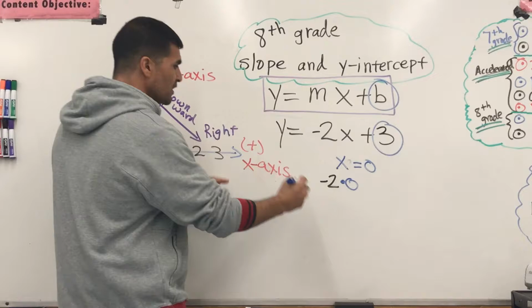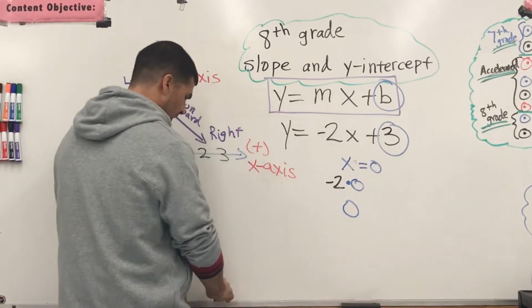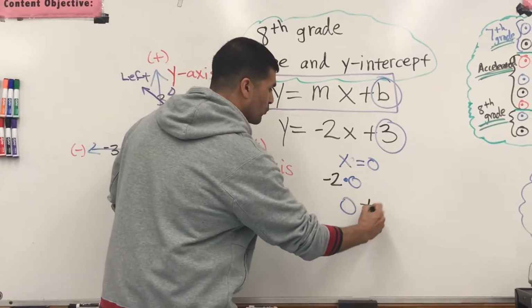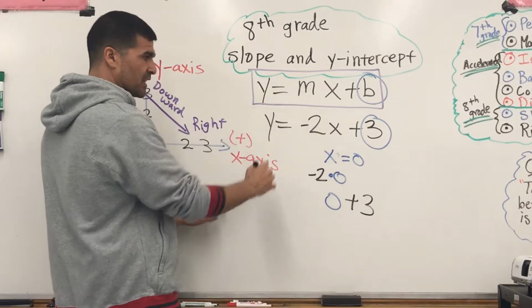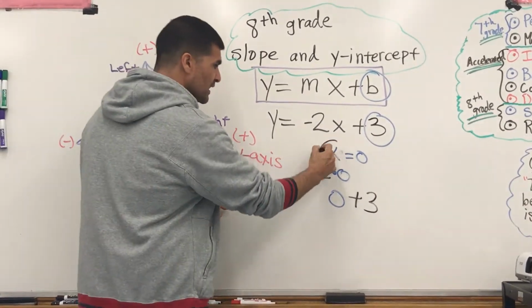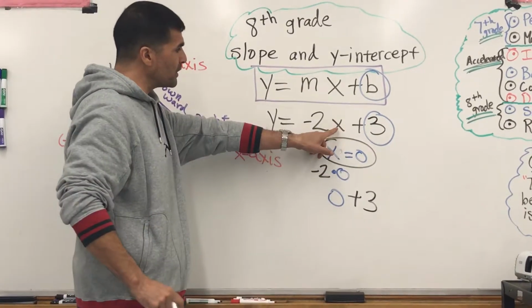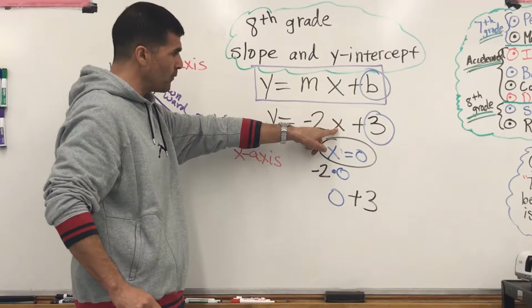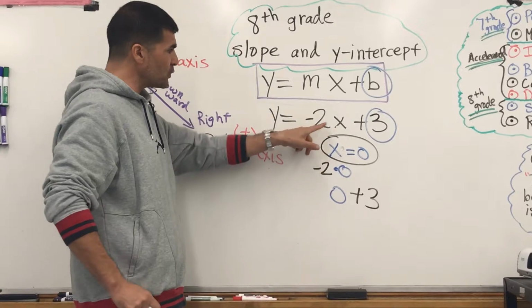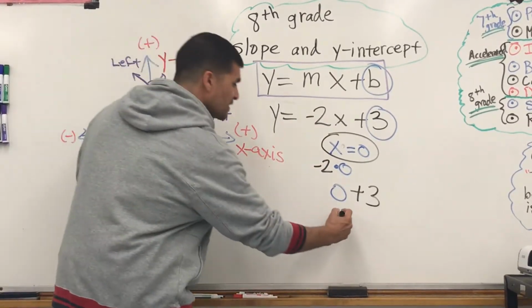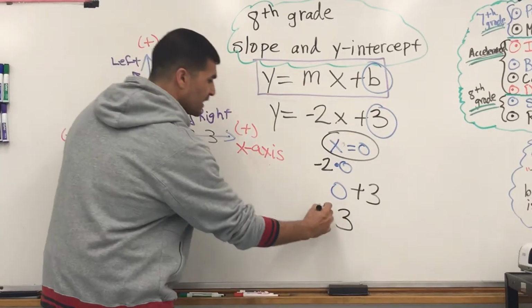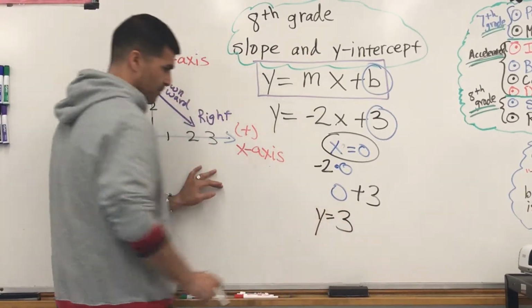Then this is going to turn into 0, and now I'm going to add 3. It's important that it says y is equal to this. If x is equal to 0, and you put in 0 for x, -2 times 0 is 0, and 0 plus 3, this means that y is equal to 3.